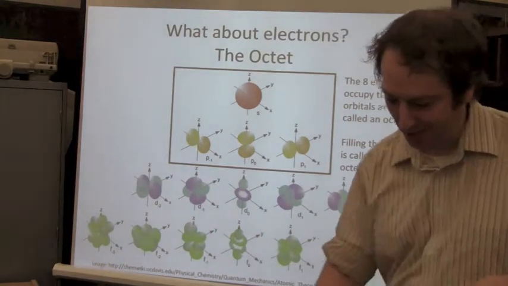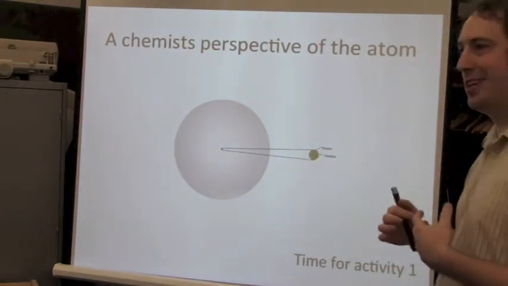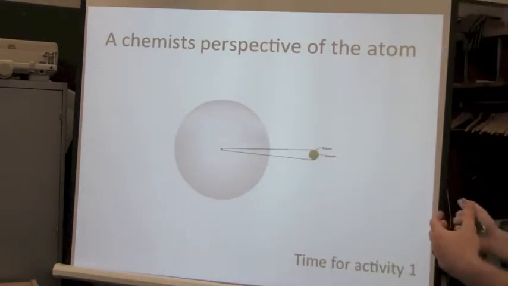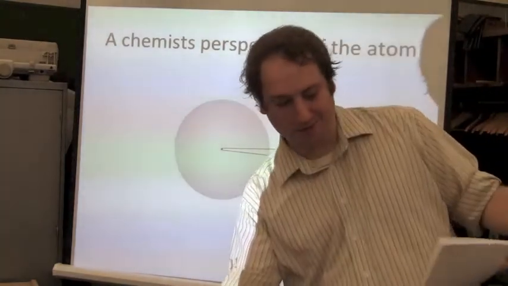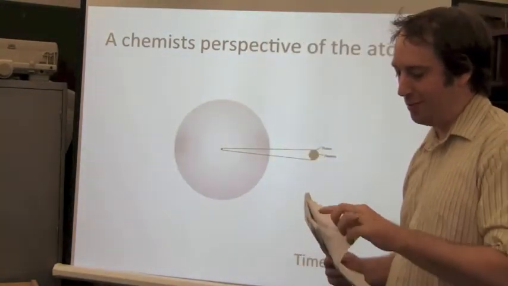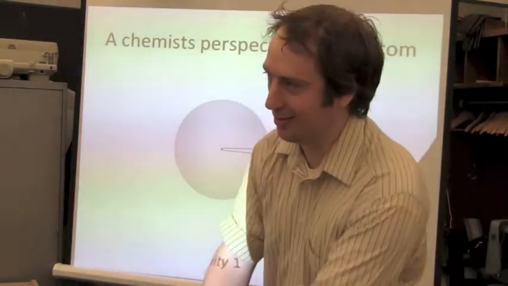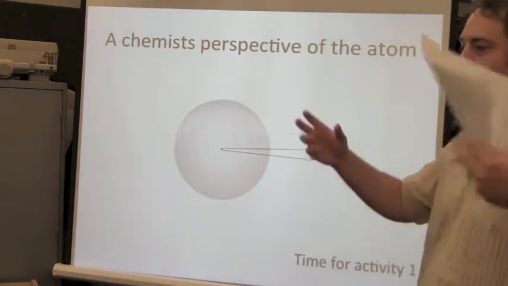All right. So I think we've covered an atom pretty well. We understand what's in an atom, how things are distributed, and what the important characteristics of these different things are. So the first activity that I had planned for today is to hopefully get a better understanding of the scale of an atom, and to understand how the nucleus size relates to where the electrons are.